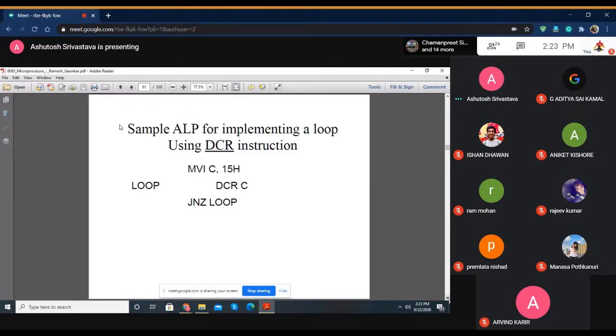This is move immediate C comma 15H, followed by decrement C, followed by JNZ loop. So the loop starts from your second statement and ends in the third statement.